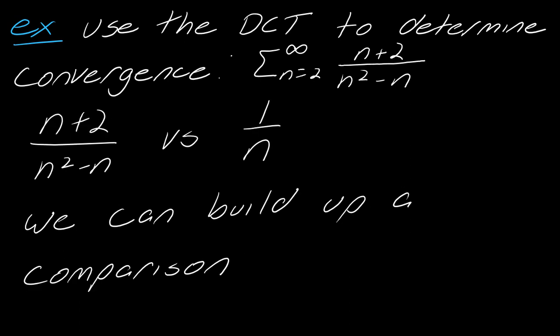So we're going to compare these two series, and if you're looking at this and you can't tell which one is bigger, you can build up a comparison step by step. The first thing you want to do is compare the denominators.